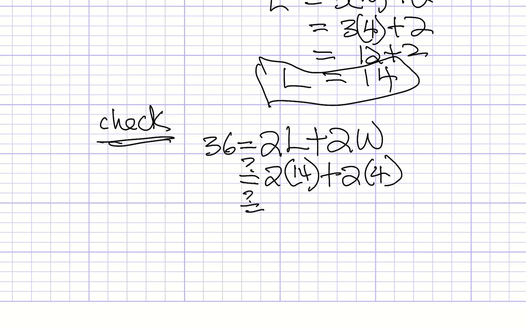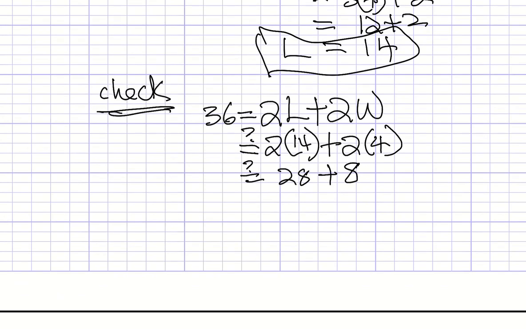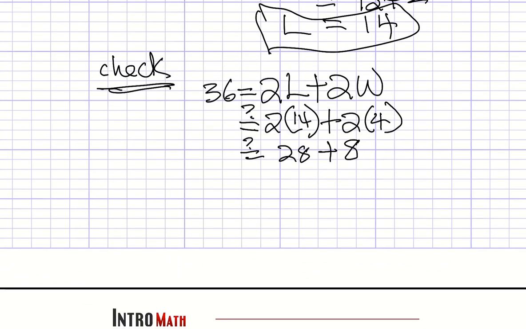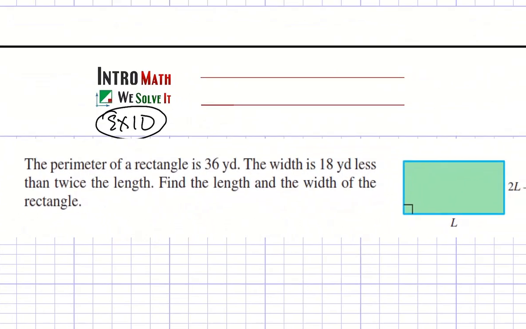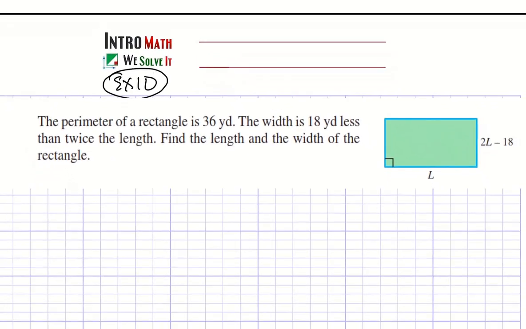Does it check out? 2 times 14 is 28, plus 2 times 4 is 8. You add that, and you get 36. So 36 equals 36. This is true, and we are done. You see how we smack that thing out? Okay, let's go to the next one.